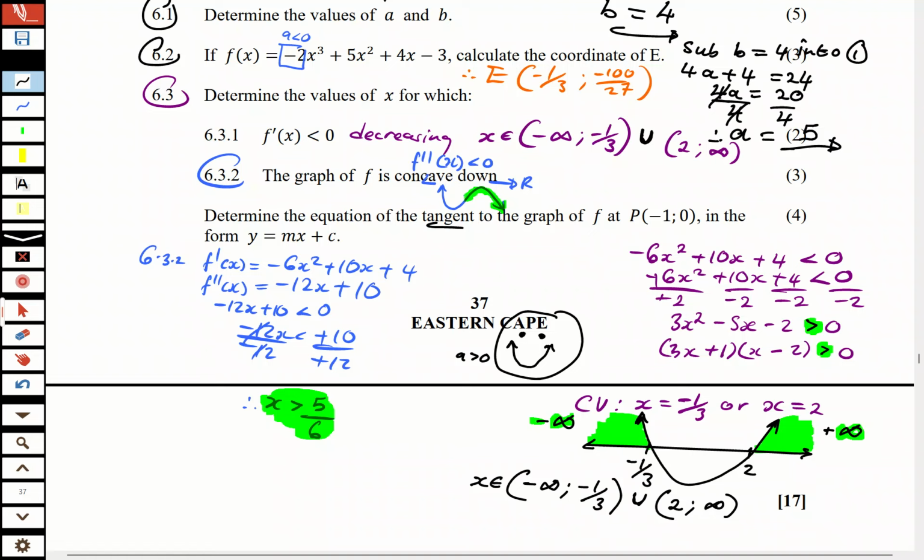There is a relationship between the first derivative and the tangent at that point where the tangent happens. There is a connection between the gradient of your tangent and the gradient of the graph. So they are exactly the same at that point. So now you are given the point. It means what you have to do is to say what?